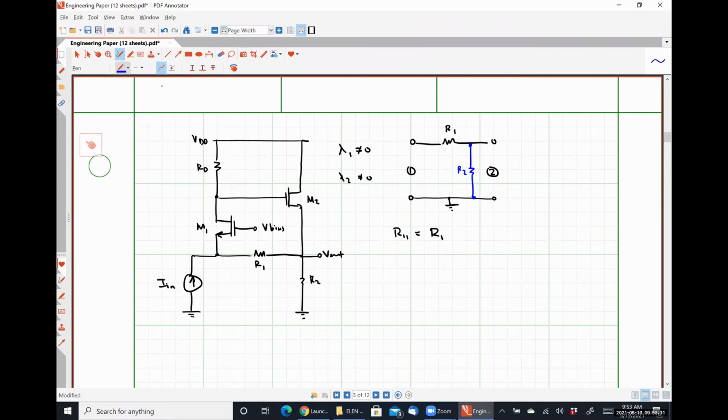For our alternative, now include resistor 2 in the feedback network. Look in through port 1, short port 2. What do we see? Still R1. Okay, so nothing changed there.